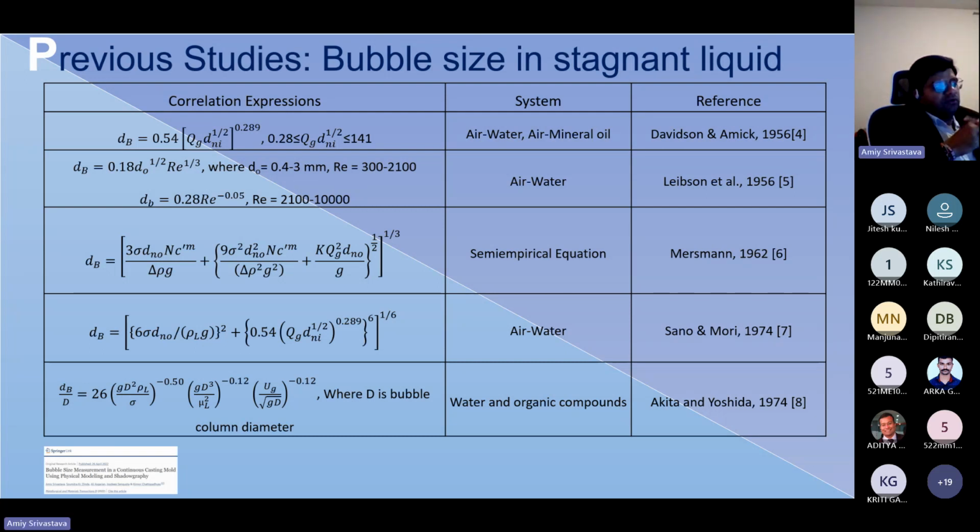If the mean bubble diameter is increasing, it means we are introducing more and more bigger bubbles, and if the mean bubble diameter is reducing, it means we are introducing more and more smaller bubbles.